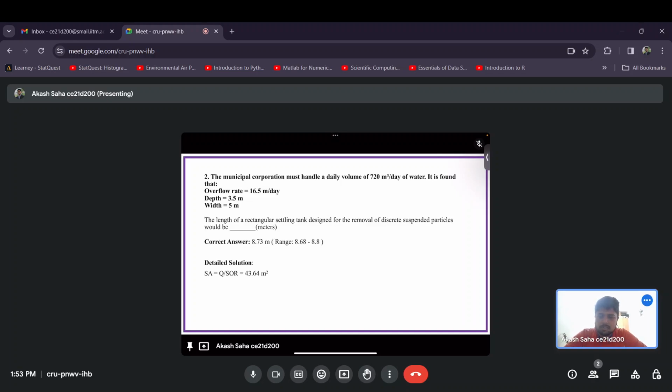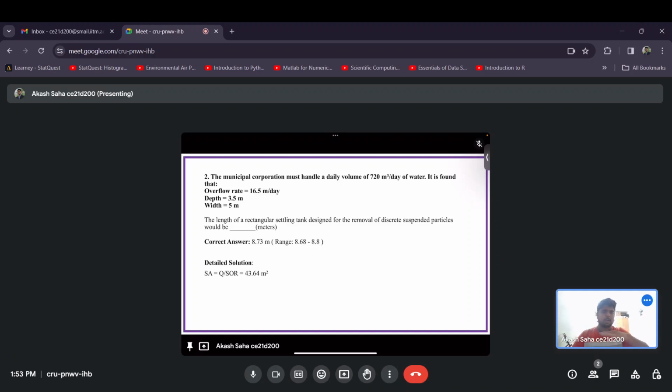So at first, to find out the surface area, the surface area would be the discharge divided by the surface overflow rate. So it would be 720 divided by 16.5. So it will turn out to be 43.64. Now this discharge divided by surface overflow rate will give me the surface area.